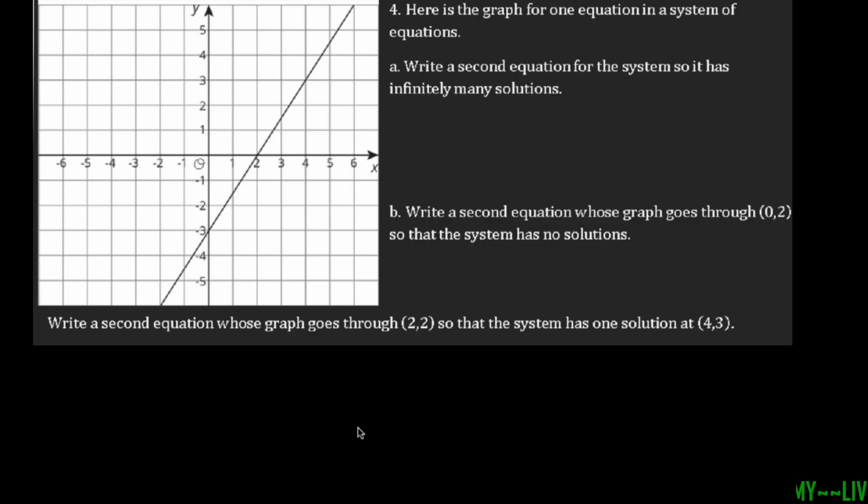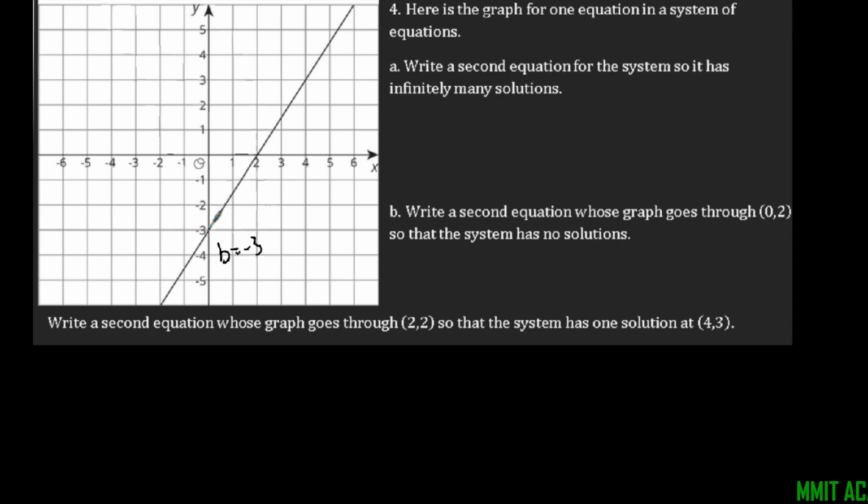All right, and then after that for number 4, it says here is a graph for one equation in a system of equations. So let's find out what that graph is. Well, my y-intercept is going to be at -3. So let's write it like this: b equals -3, and then I can find out what my slope is going to be.